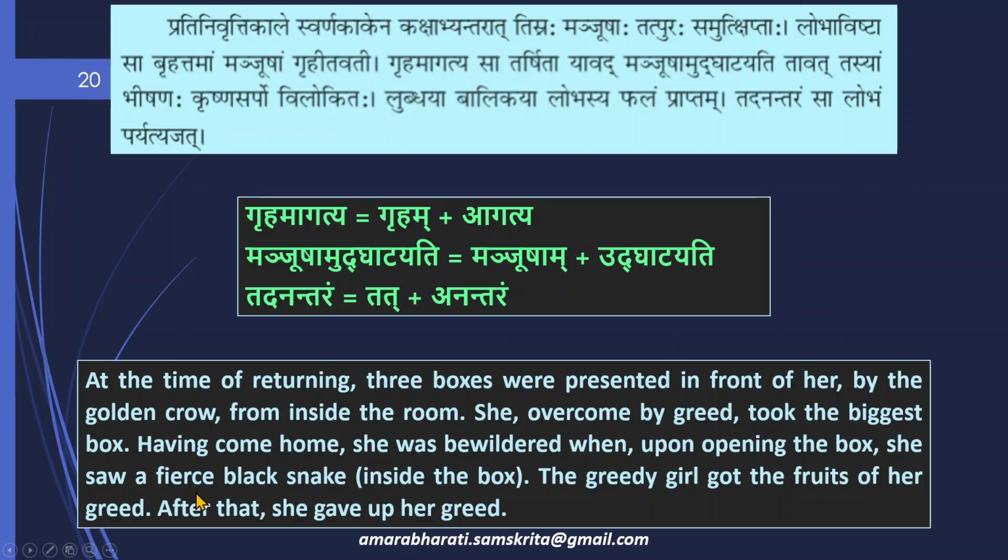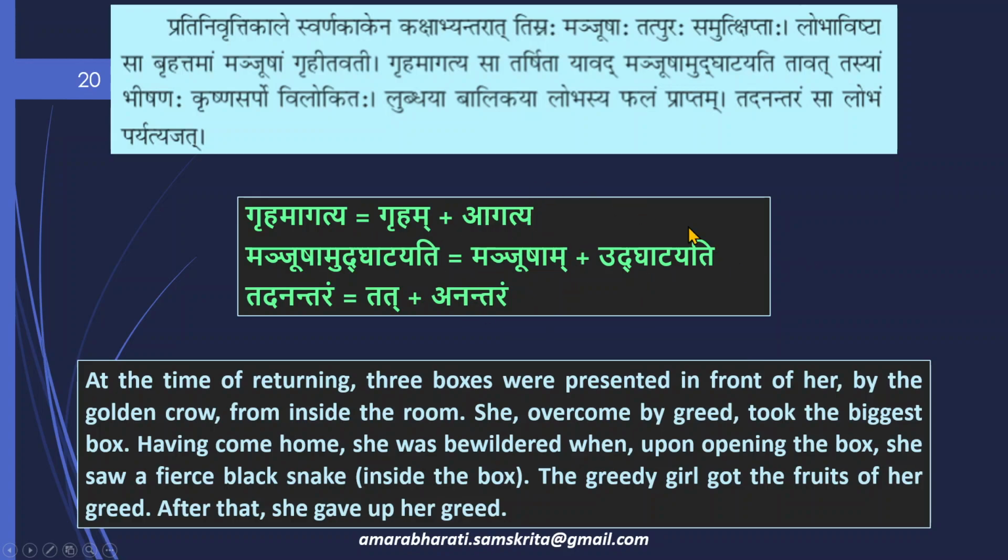She saw a fierce black snake inside the box. Lubdhaya balikaya lobhasya phalam praptam. The greedy girl got the fruits of her greed. Tadanantaram sa lobham pariyatyajat. After that, she gave up her greed.